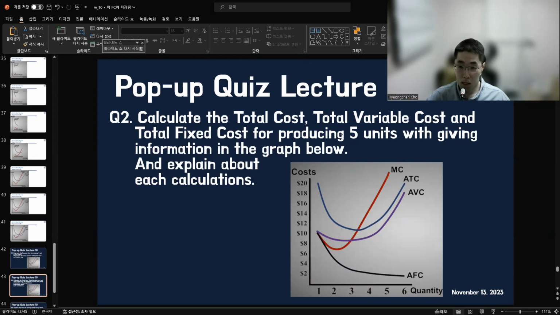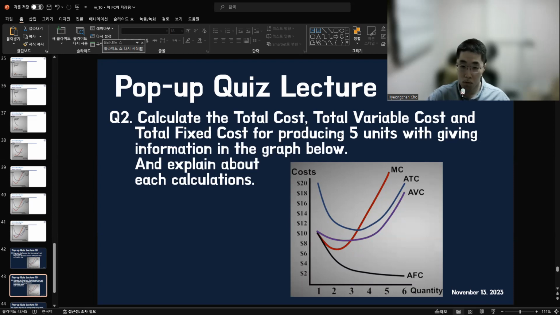So, as I said, for calculating the total cost, you must multiply two numbers: one number is quantity and the other number is price, which is the same as cost.